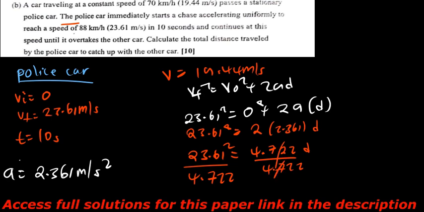Our d will be equal to 23.61 squared divided by 4.722. I'm getting 118 meters. So this is the distance it traveled during the first 10 seconds.